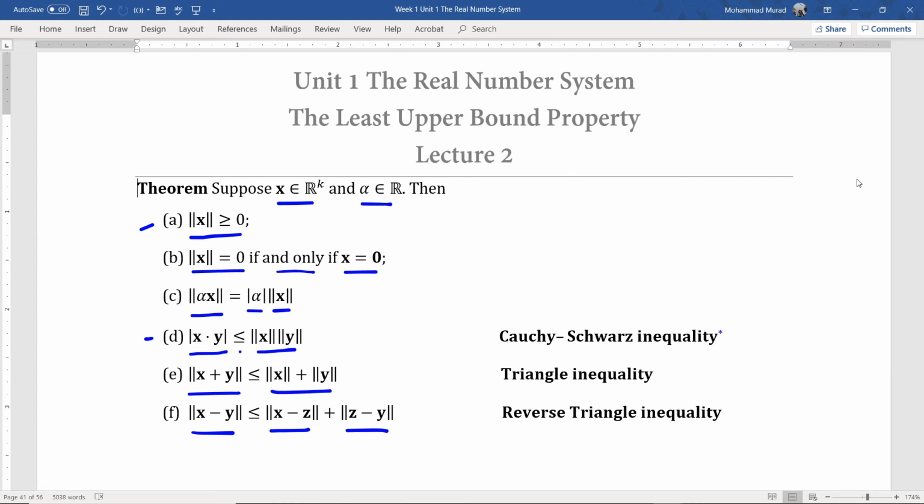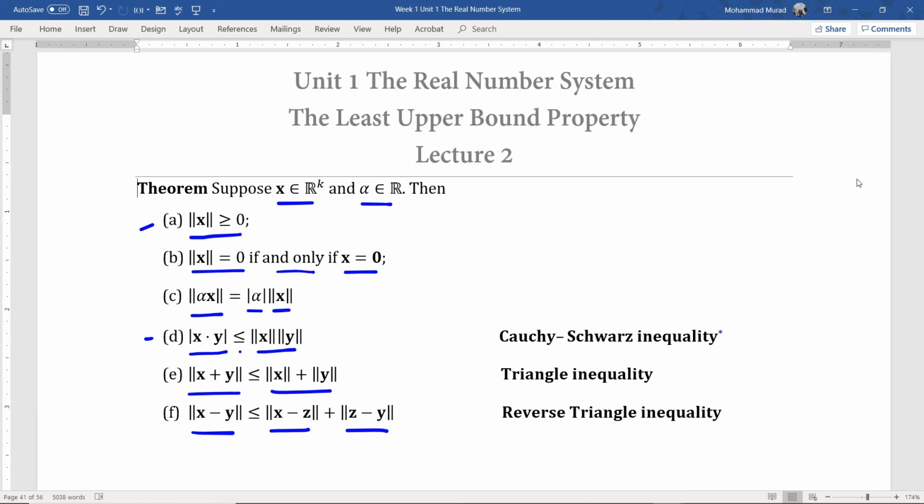Bunyakovsky, the Russian mathematician who lived from 1804 to 1889, published the result for integrals. The German mathematician Hermann Amandus Schwarz rediscovered the result in 1888.